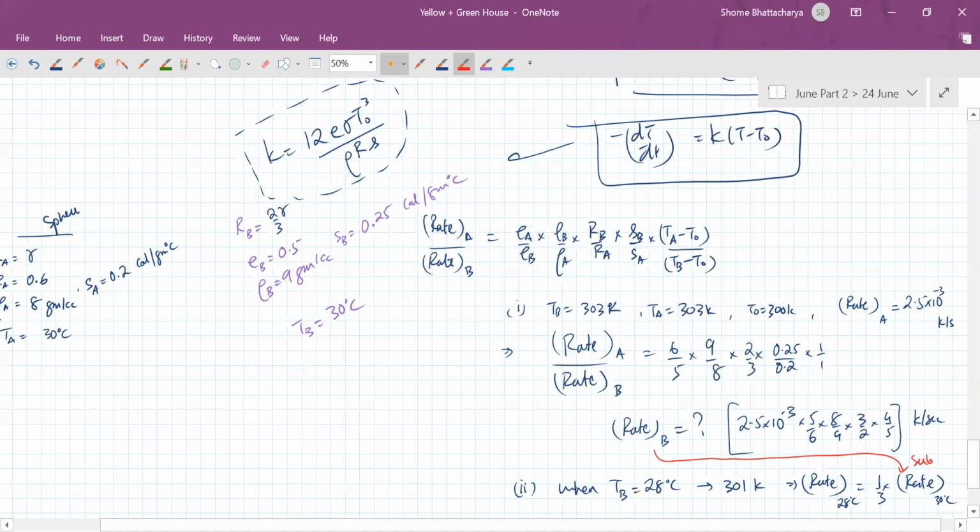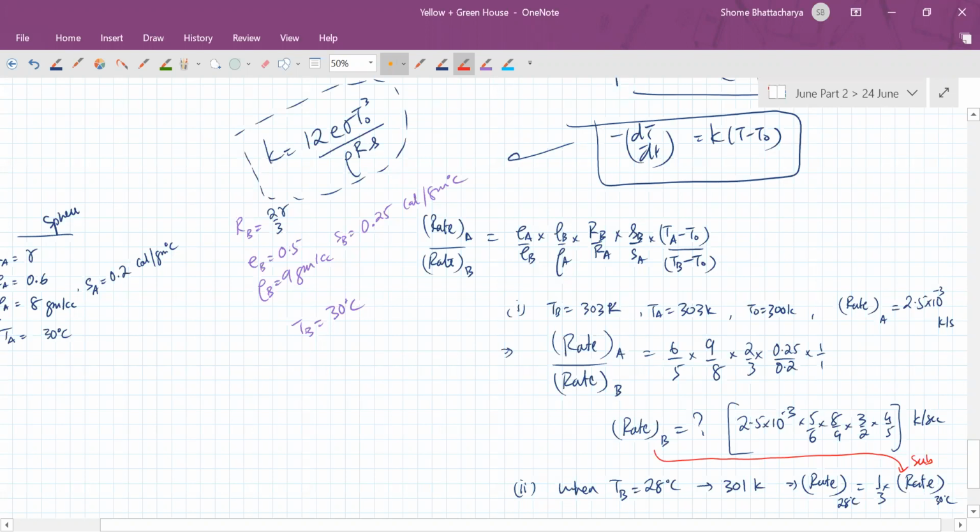Can you explain that second part again? In the second part, look at what is happening: B's surface temperature has reduced at some stage from 30 degrees C to 28 degrees C. So what has happened to its rate of cooling? Rate of cooling is directly proportional to the temperature difference with the surrounding. Yes, sir.